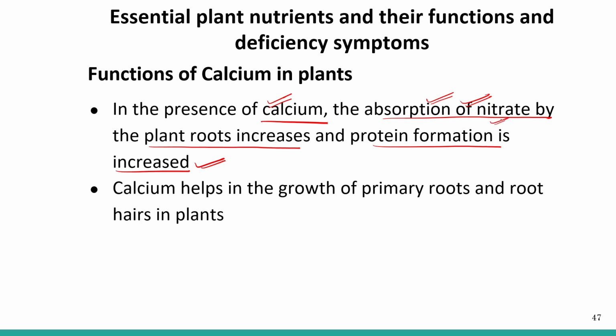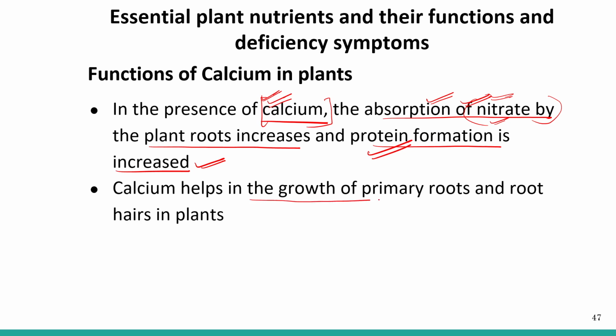We all know, we have discussed how nitrate is important for the plant, right? So if calcium is not present in a proper quantity in the plant, then protein formation will be affected as there will be no nitrate absorption in the plant.